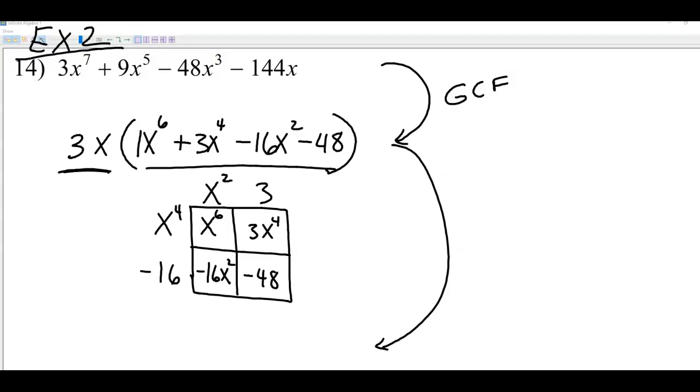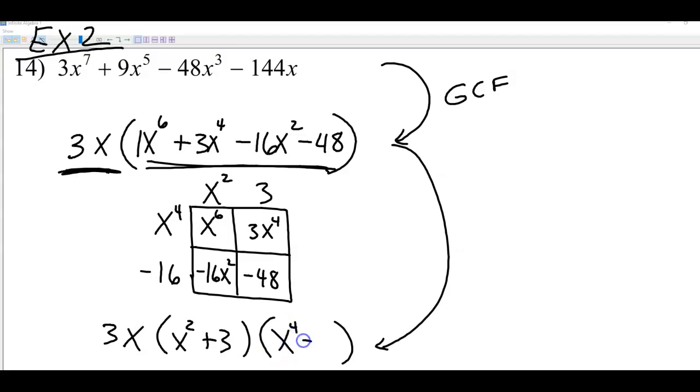There it is. All right, so remember, we don't want to forget about this guy. He's still there. He's still along for the ride, so we'll bring him down here. But this piece, we just factored using the box method, and we got x squared plus 3 and x to the 4th minus 16.